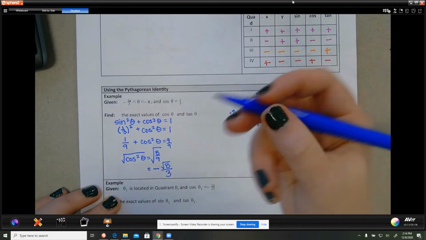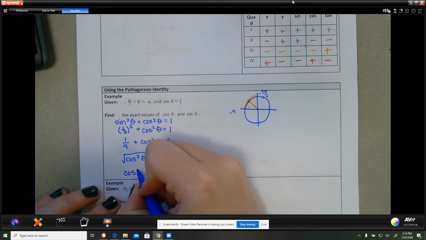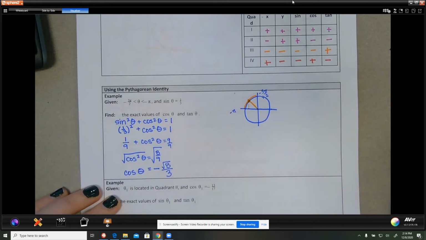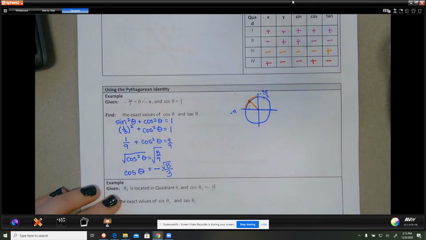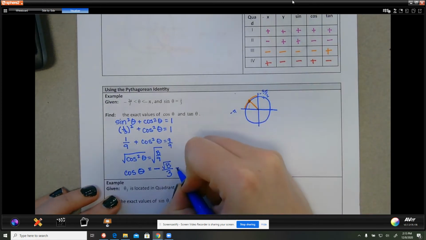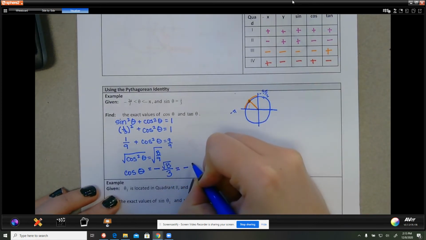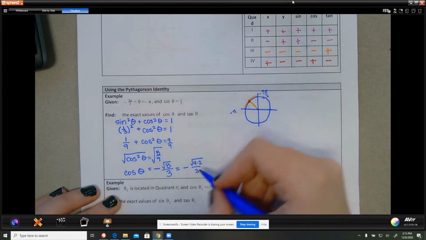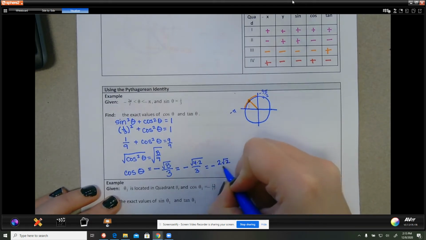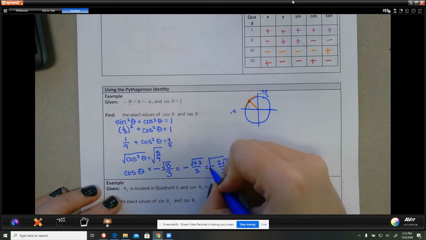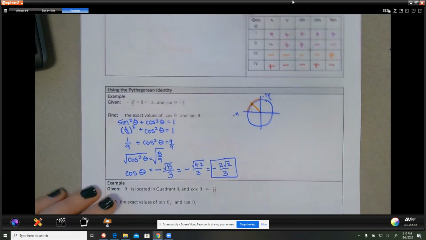We can simplify a little more: what's a perfect square that goes into 8? Well, 4 goes in there. So this is the square root of 4 times 2 over 3, and the square root of 4 comes to the outside. This is negative 2 root 2 over 3. That's our cosine, so I'm going to put that in a box.